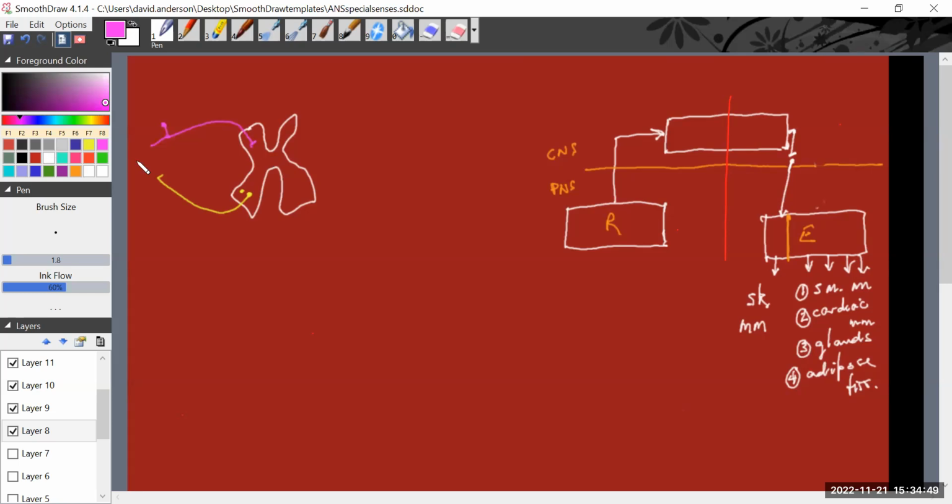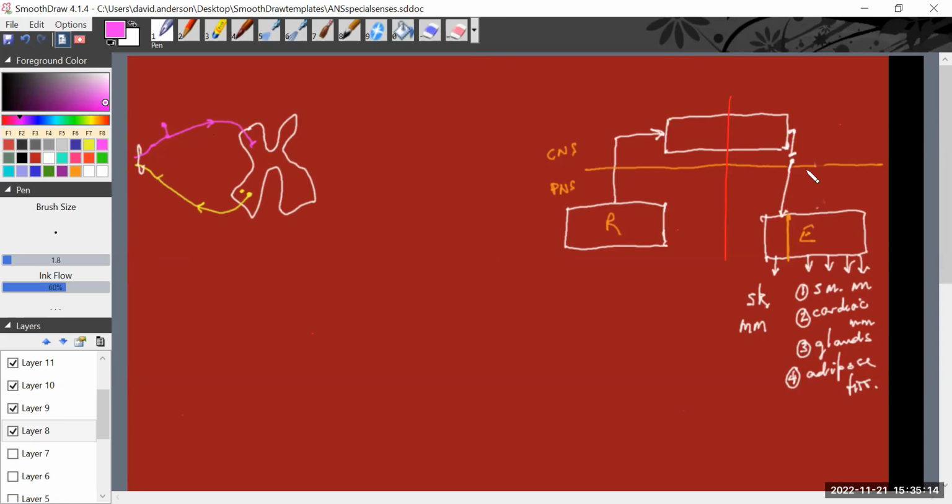Is everybody okay with that? Yes. Right. So this made our spinal nerve right here a mixed nerve because it had sensory and motor fibers in it. So we're leaving motor and we're entering sensory.